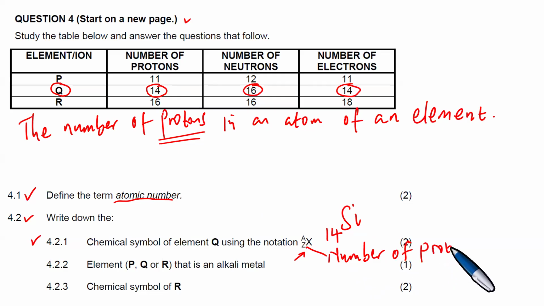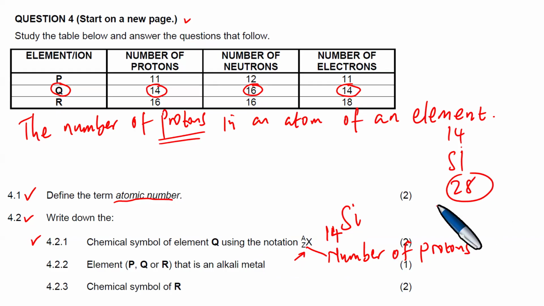Then we continue to look for the mass number. We saw that it's silicon, 14 and 28, which means it has an atomic mass of that much. And now it is possible to put this up here, and this can be seen as the atomic mass.